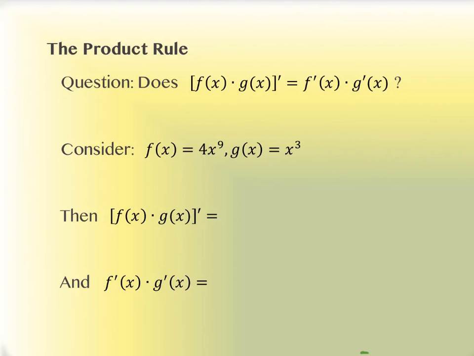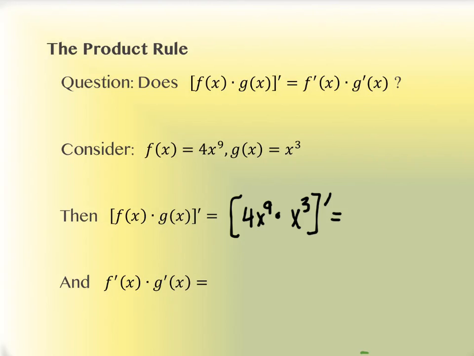So the first side, the left-hand side, is taking the two functions and multiplying them together, and then after I do the multiplication, moving to the outside of those brackets and doing the derivative. So we take function f of x, which is 4x to the 9th, and the function g of x, which is x cubed.